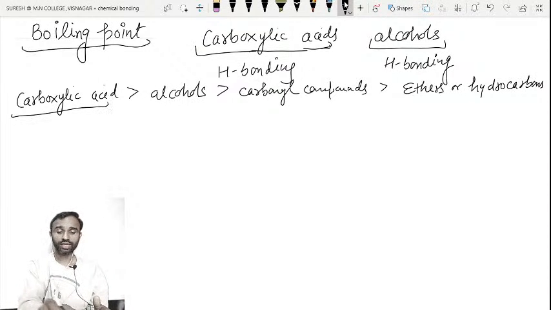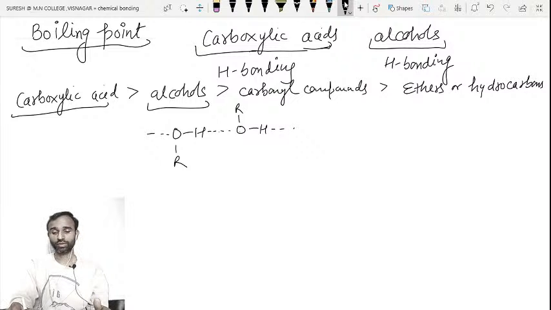Why does carboxylic acid have higher boiling point than alcohols? See, in alcohol there is a simple hydrogen bonding.